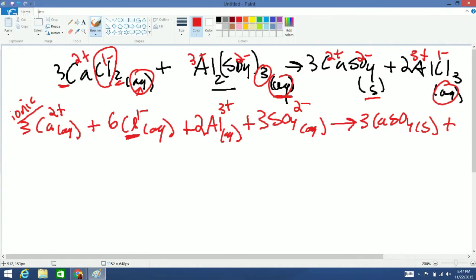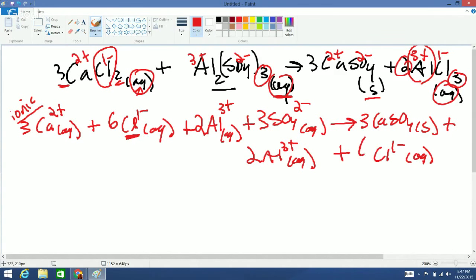Plus, let me go down the line here. Aluminum 3 plus is my ion, it's aqueous. And how many of them do I have? 2. Plus chlorine, 1 minus, is my ion. It's aqueous, and I happen to have 3 times 2, 6 of them. All right, that would be my ionic equation. It shows all the ions, or aqueous things in solution.